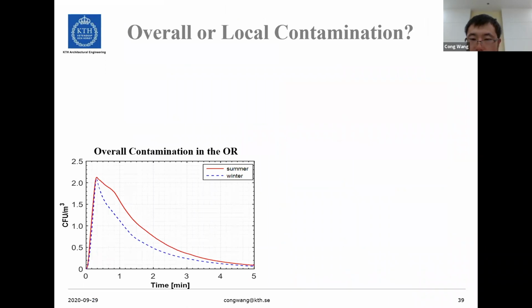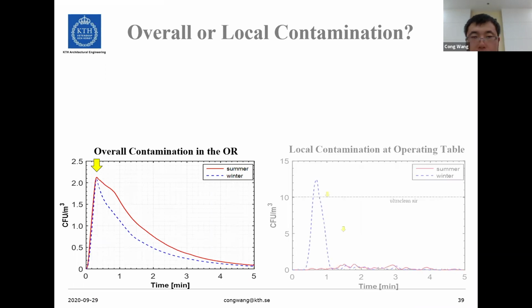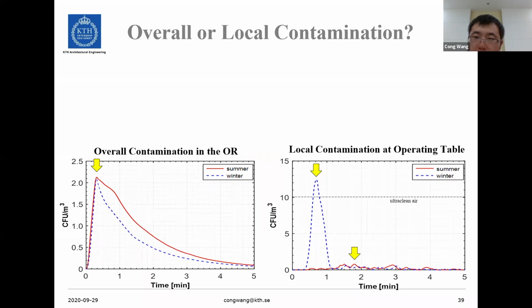But to prevent surgical site infections, we mainly pay attention to the local contamination that is close to the surgical site, because it's the local contamination that determines the infection rate. So the red figure shows the local contamination at the operating table.